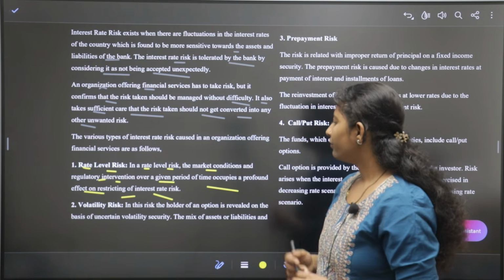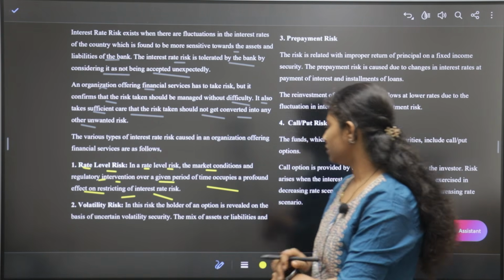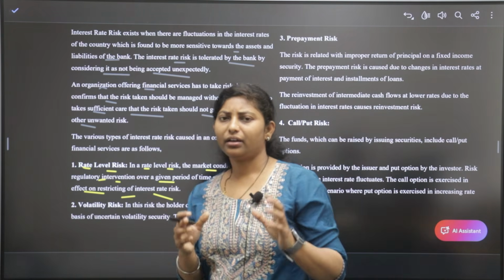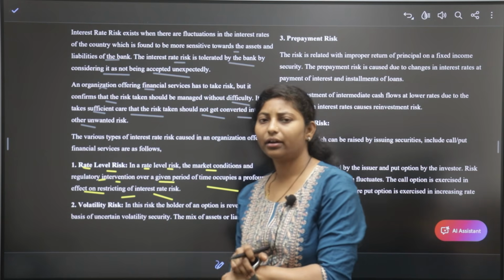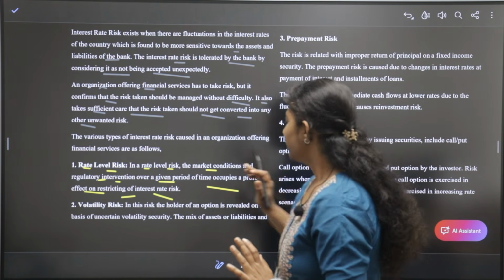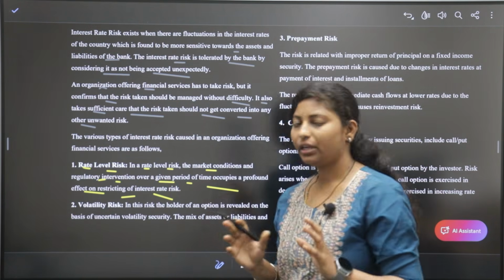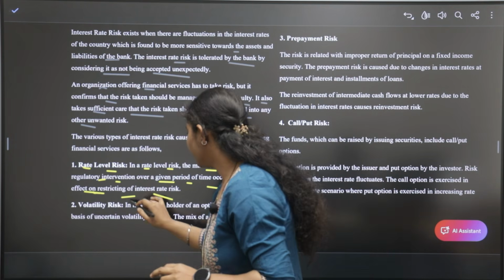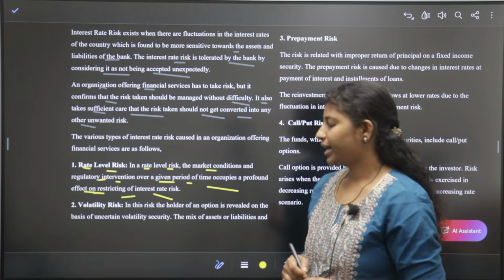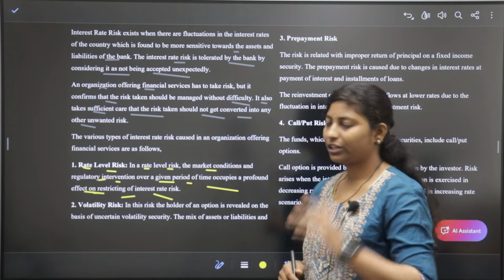For banks, the RBI will have such regulatory interventions for the period. There may be changes in certain things, and that will affect the interest rate, where there will be fluctuation.